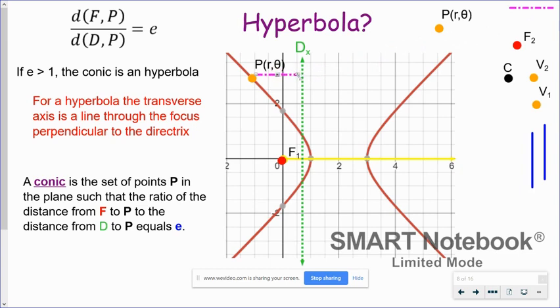In this case, since the directrix is running vertical, it defines a horizontally opening hyperbola. The distance from that point to the focus, clearly in this case, the numerator is much greater than the denominator. Doesn't matter where I go.